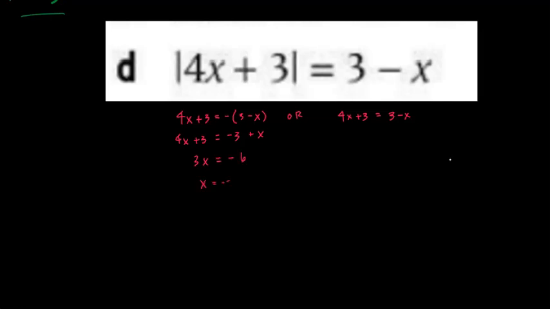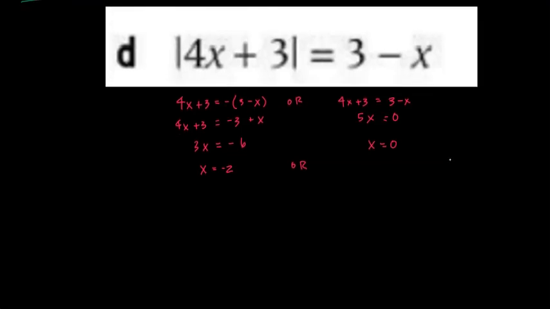So x equals negative 2. I have a plus. It's going to be a 0. I love zeros. X equals 0. So there you go. Let's go ahead and check.